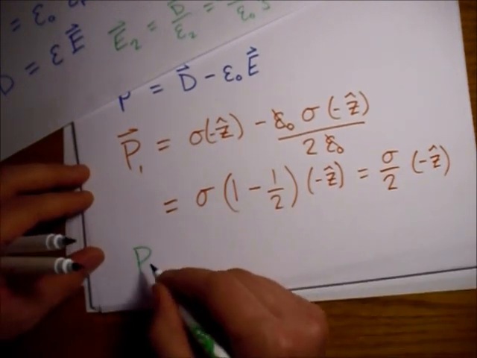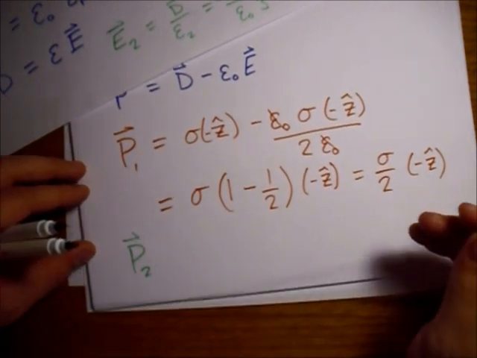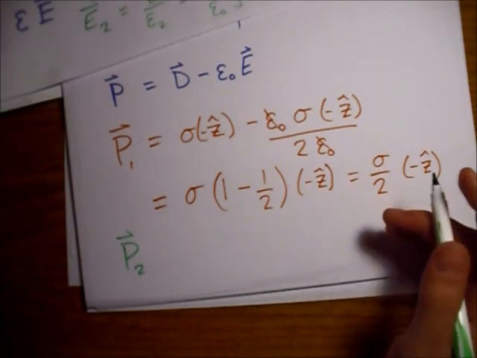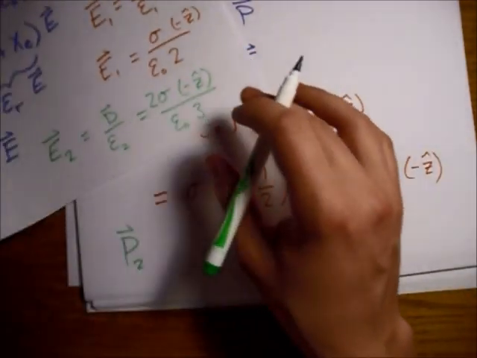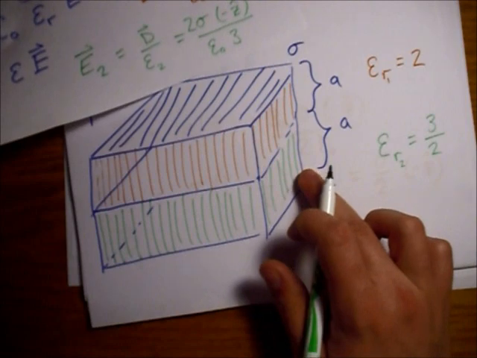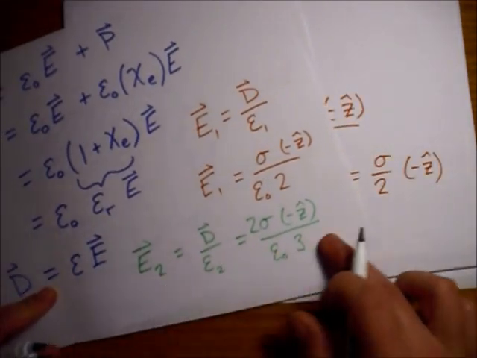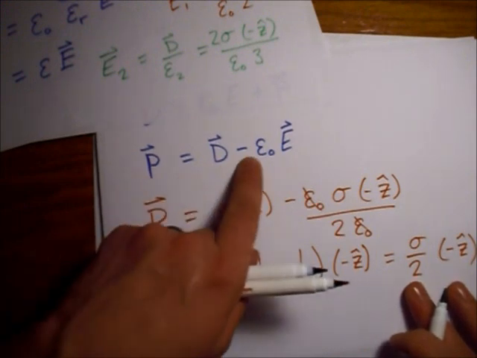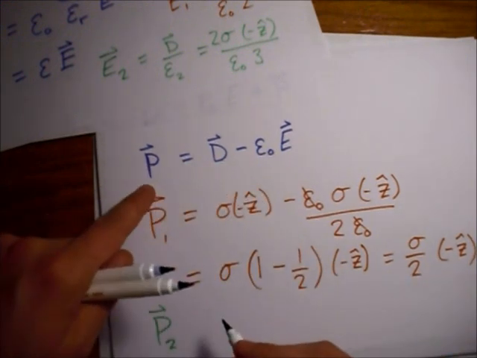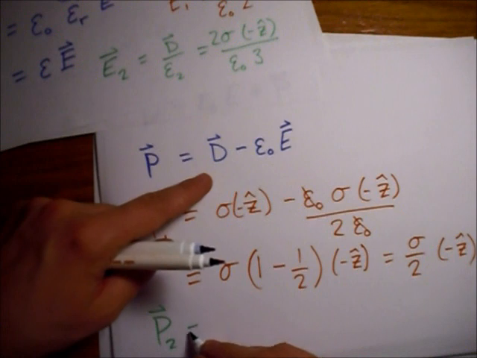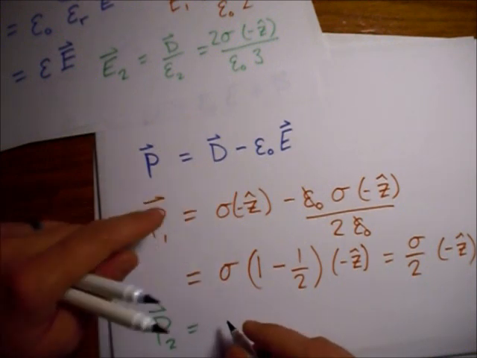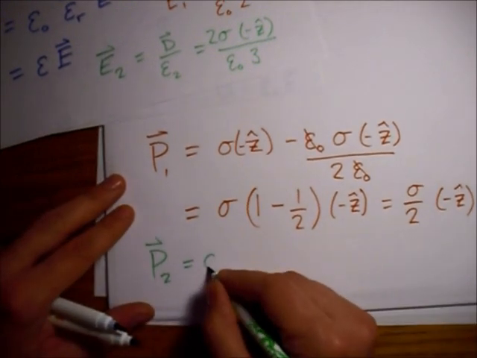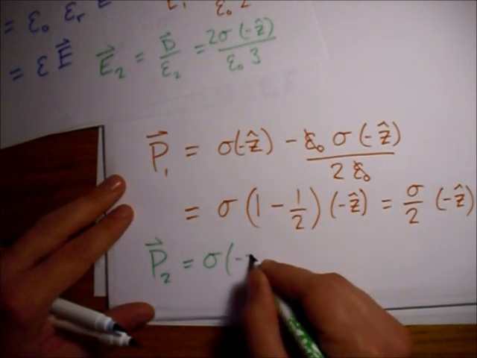All right, let's look at polarization for the green slab now. Okay, this part down here. Here's our electric field piece. So again, we're just looking at this equation where we solved for the polarization. Our displacement is the same as before, right? Still just a sigma in the minus z hat direction.